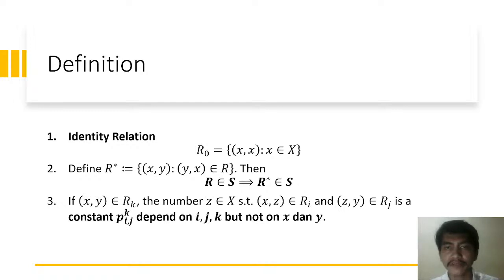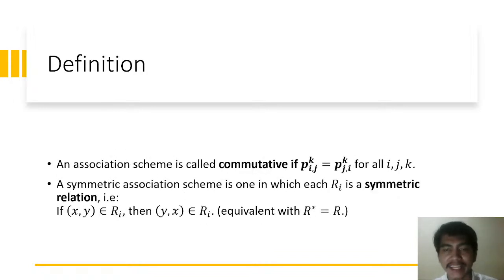From the transitive relation property just now, we have defined Pijk, which depends on i, j, k instead of x and y. We can define a commutative association scheme as one where Pijk equals Pjik for all i, j, k.